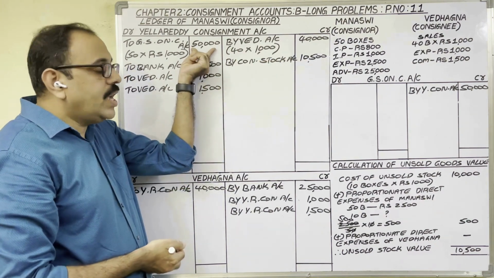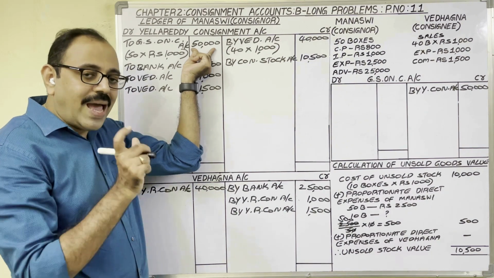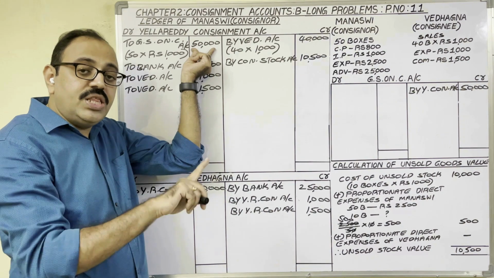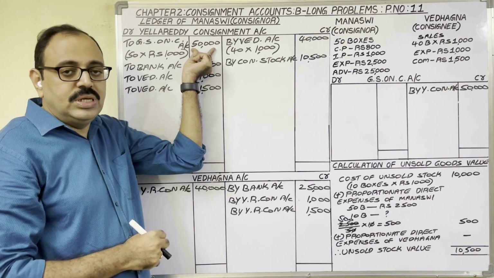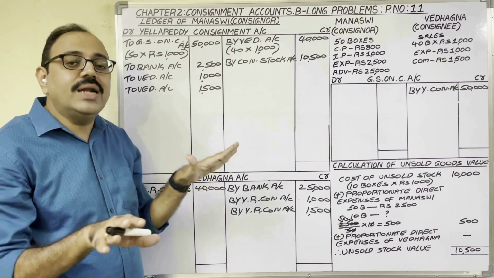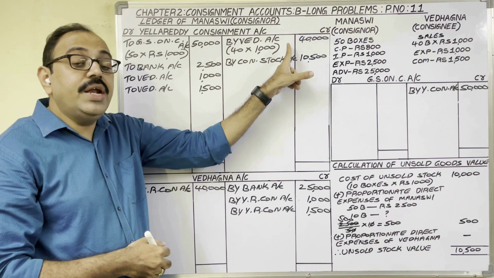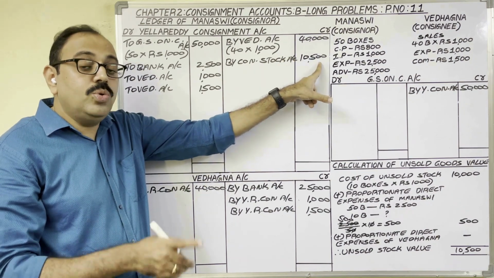In the goods sent on consignment account, 10,000 loading is there because the actual value should be 40,000, but we have written 50,000. 50,000 minus 40,000, 10,000 is the loading amount. That 10,000 we have to cancel. Similarly, on the credit side, we should write 8,500, but we have recorded 10,500, 2,000 extra.